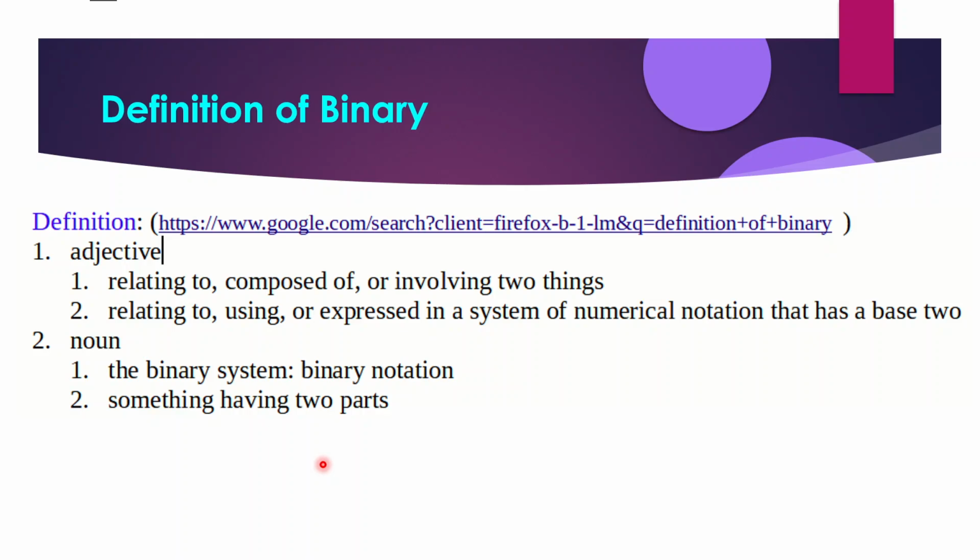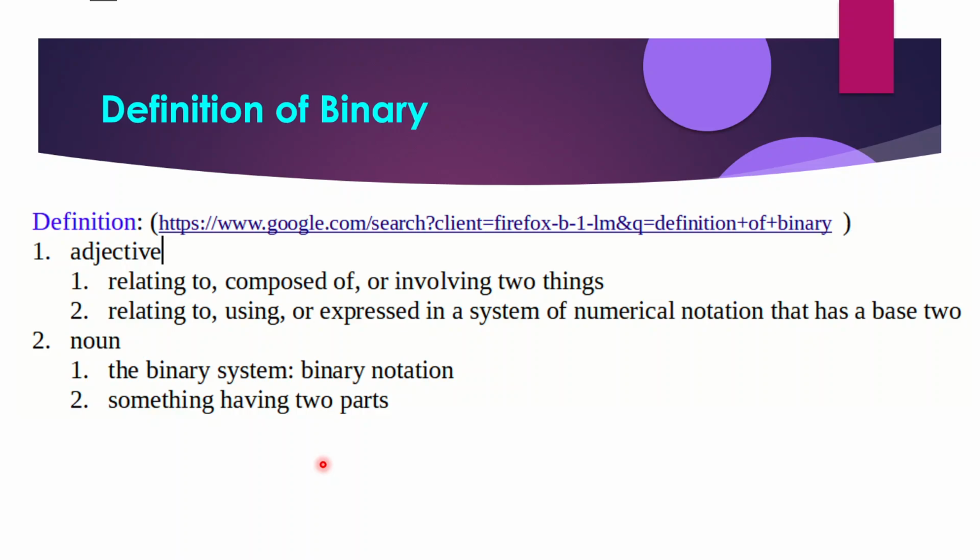Let's first look at the definition of binary. This is from a Google search to get a technical definition. Binary can be an adjective, meaning it's relating to or composed of two things. It's relating to, using, or expressed in a system of numerical notation that has a base 2.